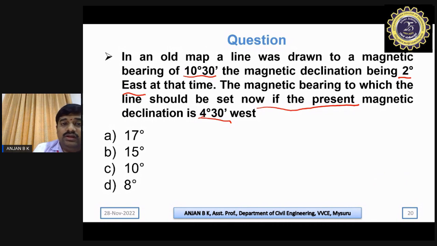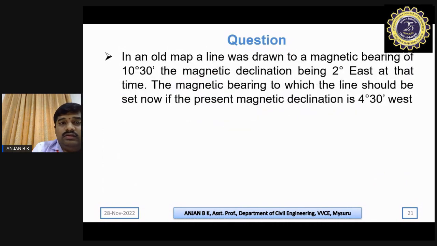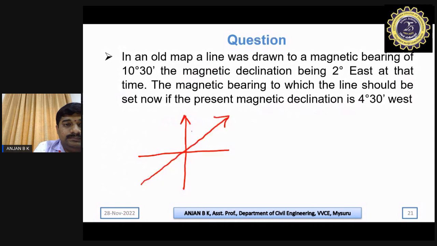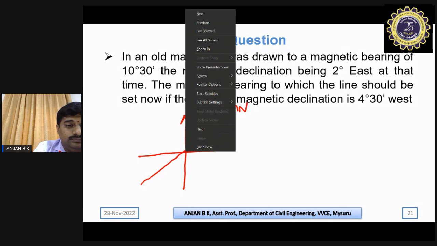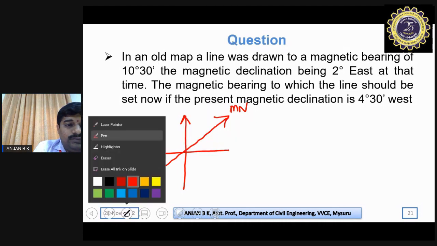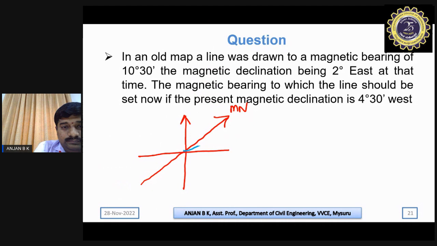Earlier the magnetic bearing is given with respect to magnetic north. So if you measure the angle, this is the line, and this angle is 10 degrees 30 minutes.